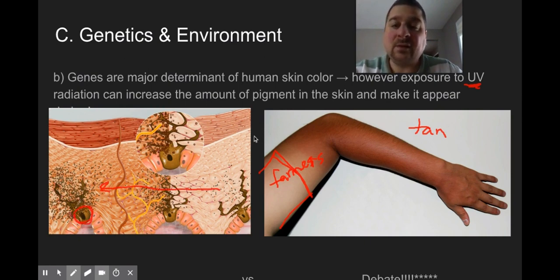So, an environmental condition can actually change the phenotype or the skin tone. Okay. So again, how the environment can play a role in how the genetics are expressed, or that final phenotypic outcome.